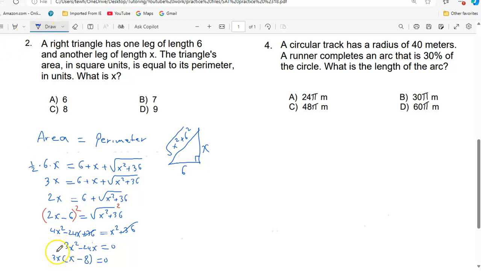If I set each factor equal to 0, 3x equals 0, so x equals 0. Can't be, right? The side of a right triangle can't be 0. So we take the second one, x minus 8 equals 0. So x equals 8. That leg should be equal to 8.